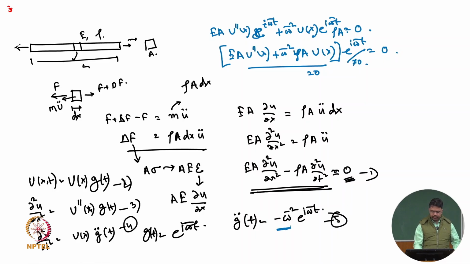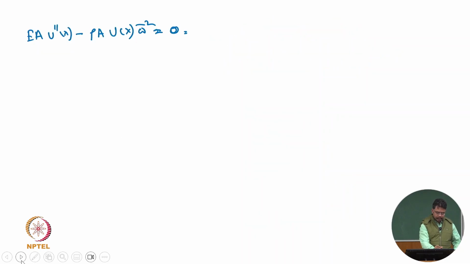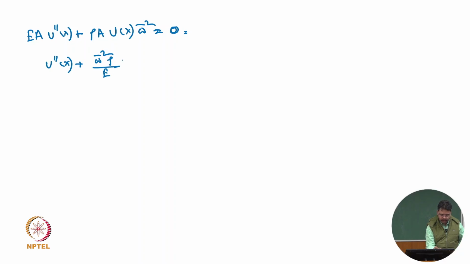Here it was minus, here it is minus. Minus minus becomes plus. Okay. So now how is it coming? I can say that U double dash X plus omega square rho divided by E into UX, that is equal to 0. Can I say this?